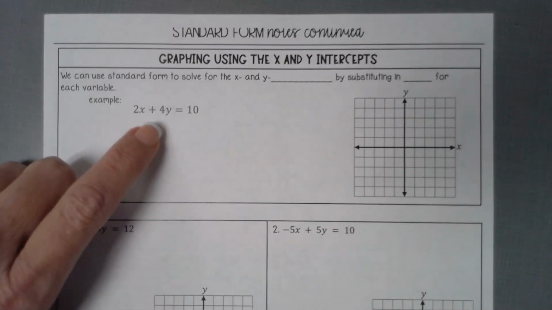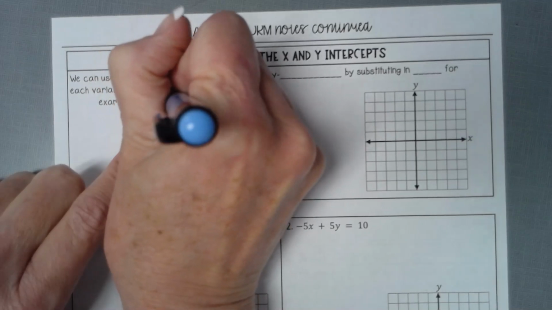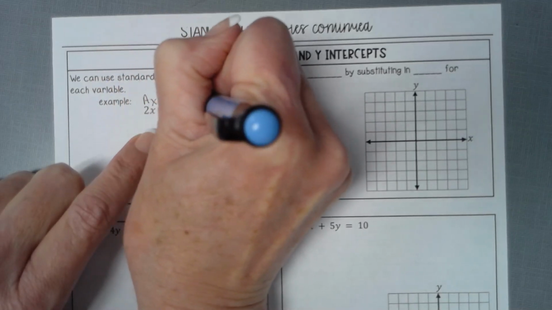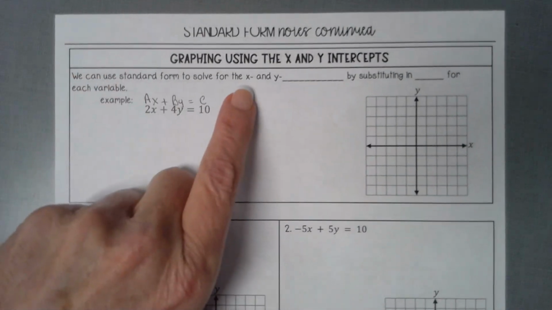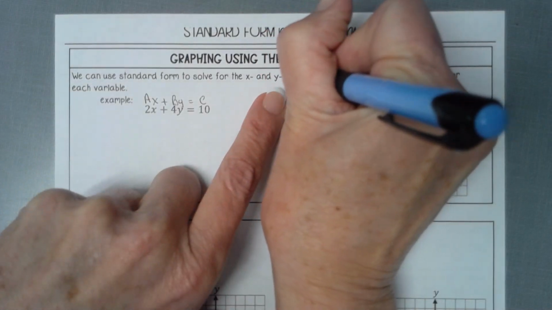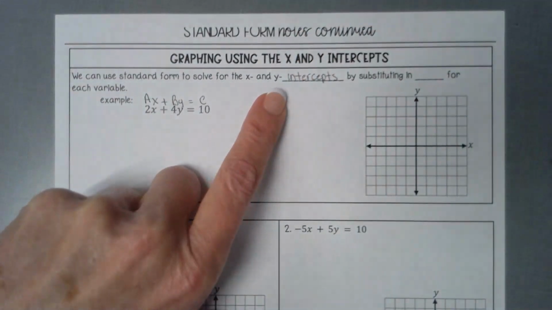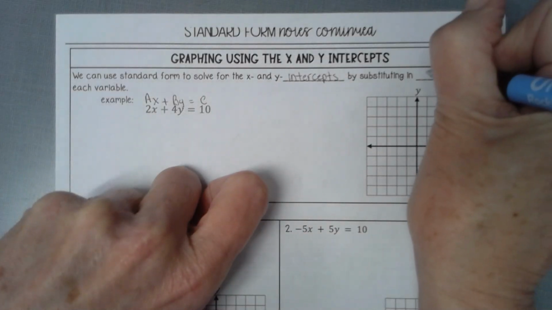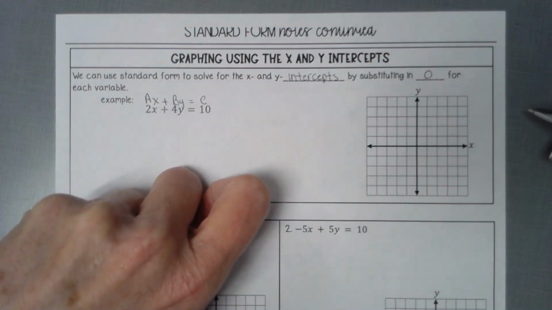Standard form. Notice this is standard form, Ax plus By equals C. We can use standard form to solve for the x and y intercepts by substituting in a 0 for each variable.